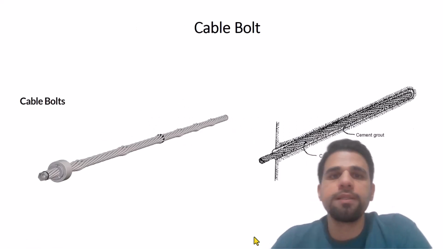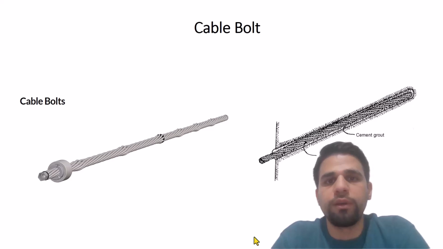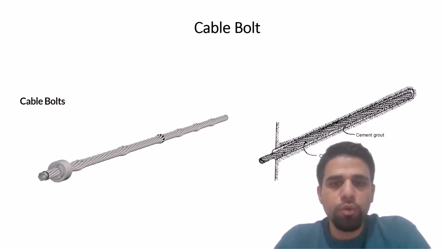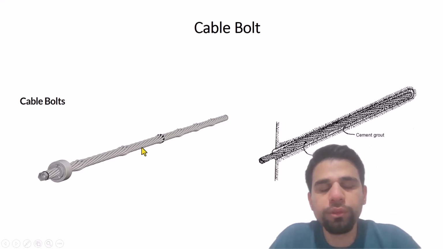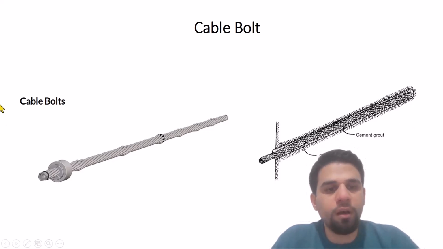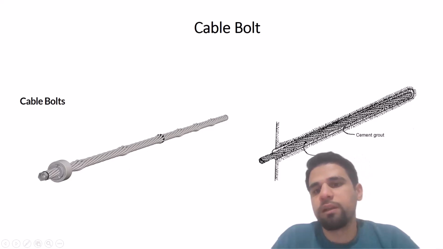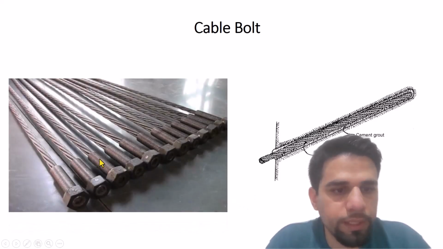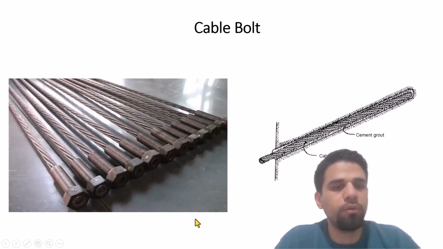My goal with the previous explanation of rock bolts is to know about the differences of cable bolts from rock bolts. As you know, the cable bolts include some steel strands. Here you can see a grouted cable bolt with cable and cement grout. Also here you can see strands of a cable bolt.